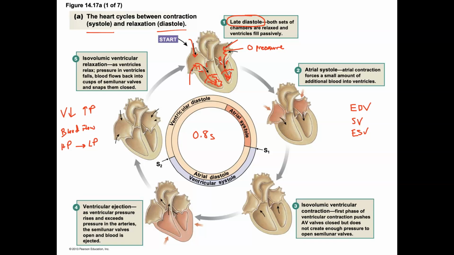the ventricles. The next phase to look at when we look at the cardiac cycle is atrial systole. And the reason atrial systole takes place is so that we can maximize the filling of the ventricles.